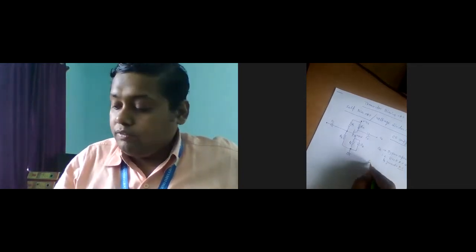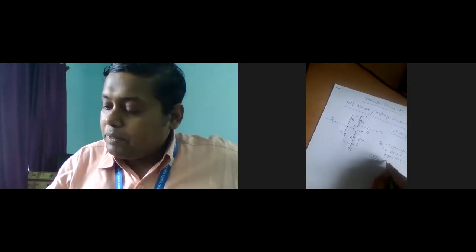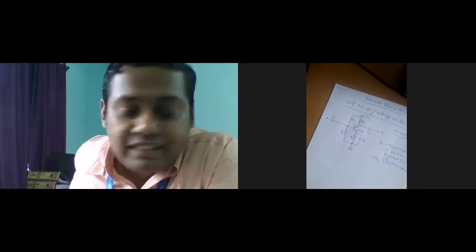C1 and C2, we already focused on C1 and C2 in the last day. That is the blocking capacitor, the DC blocking capacitor. It was discussed in the last day when we introduced the different types of circuit.